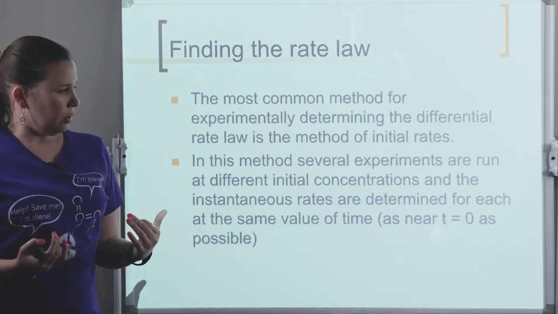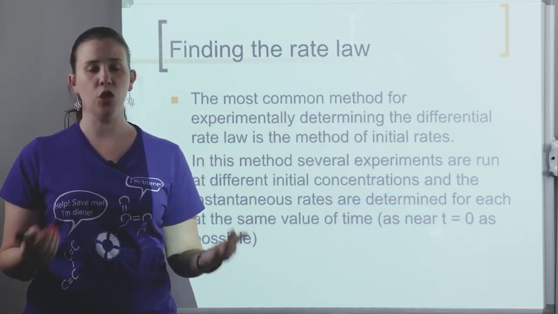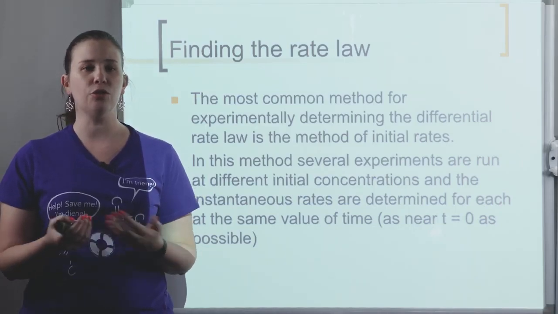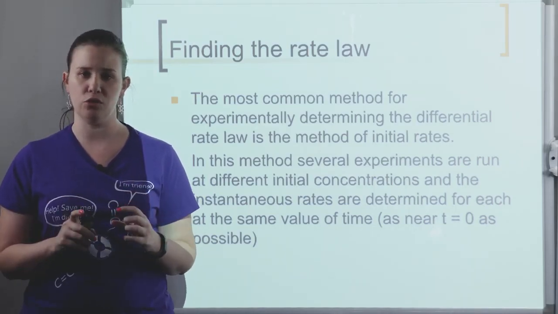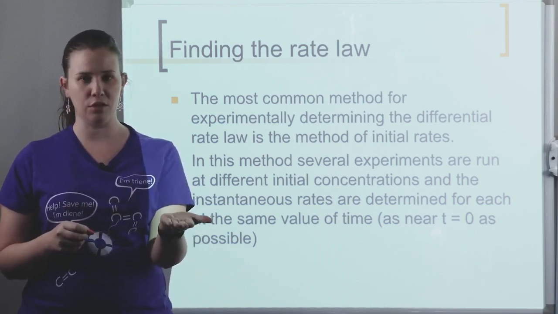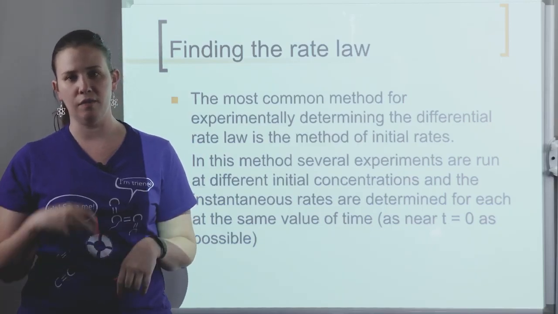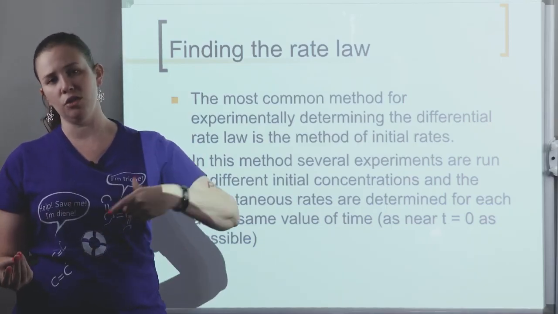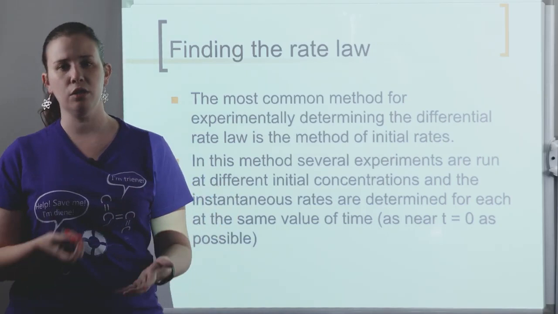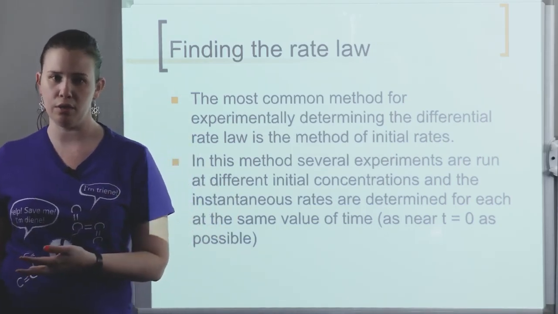So as we find this rate law, as I mentioned, we're going to look at an experimental data table. The way to determine the rate law is essentially to try the reactant with different concentrations in the beginning. So run the reaction with a set concentration of A, changing the concentration of B. Then you're going to try it again, having a set concentration for B, and changing the concentration for A. We can look at all these different little trials and compare them so that we can determine our rate law.